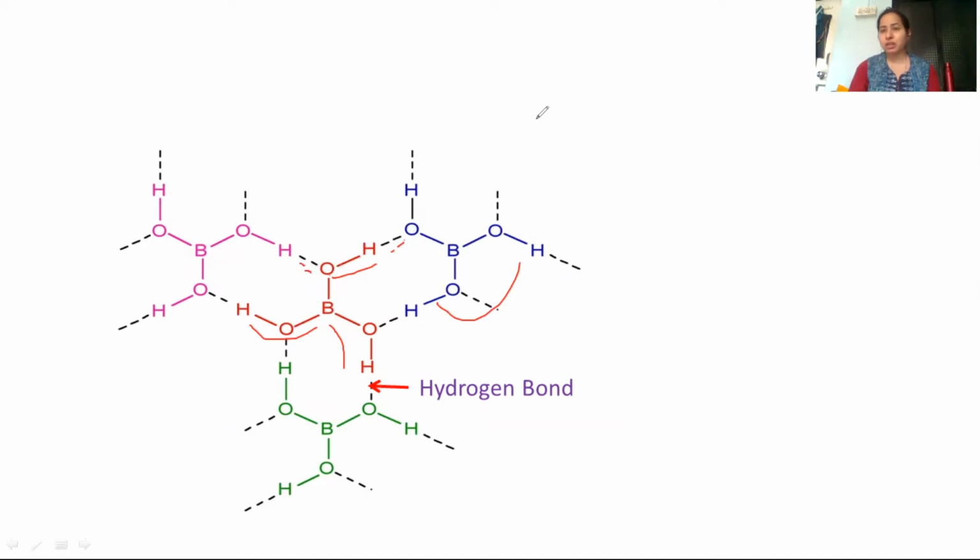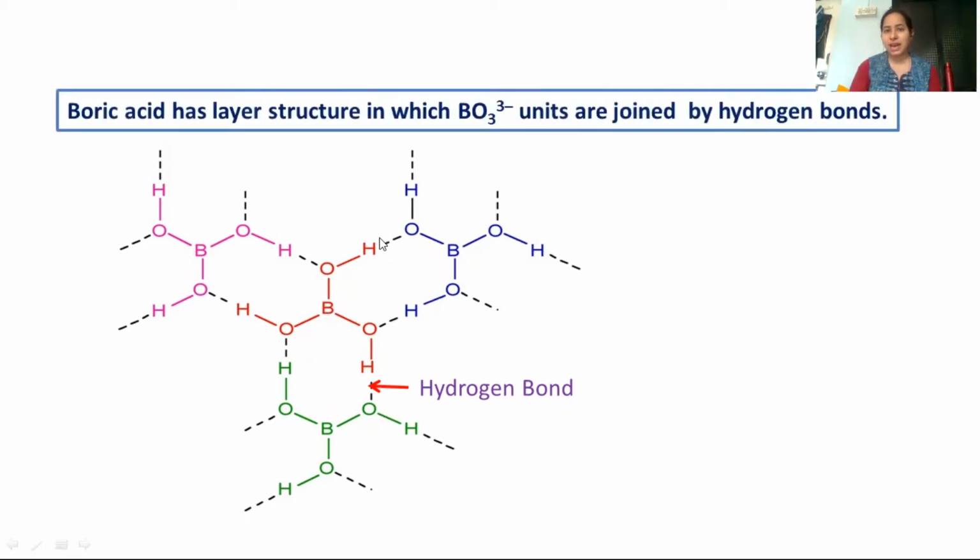These dotted bonds are nothing but hydrogen bonds. So solid orthoboric acid is mostly linked together with the help of hydrogen bonds. You can write down that a layer of boric acid has a structure of BO3 with a charge of -3, which are linked to each other by hydrogen bonds. If you want, you can draw this diagram or write down this point.